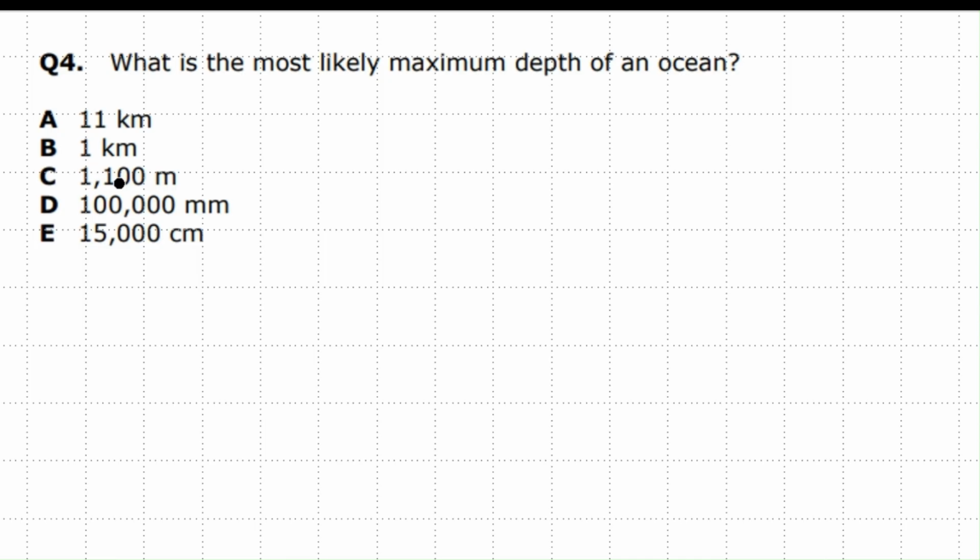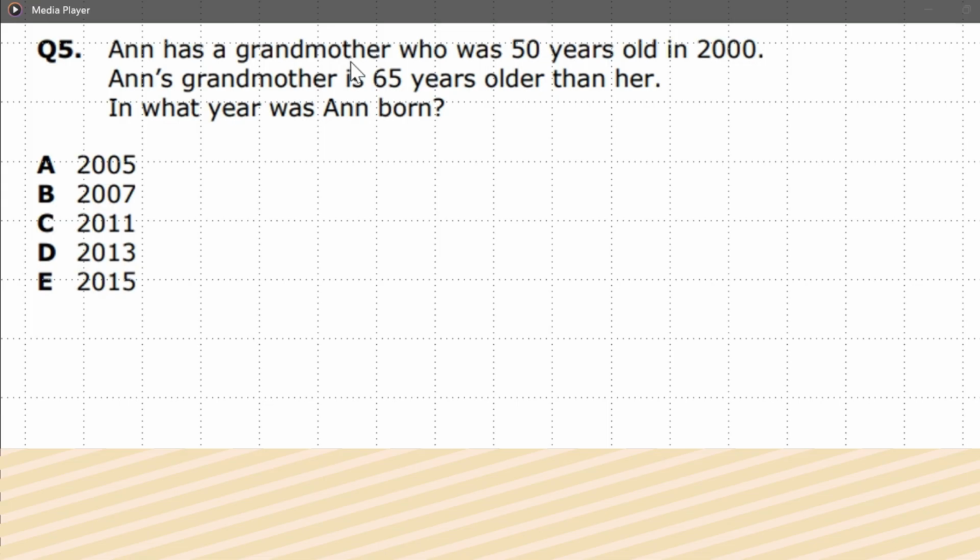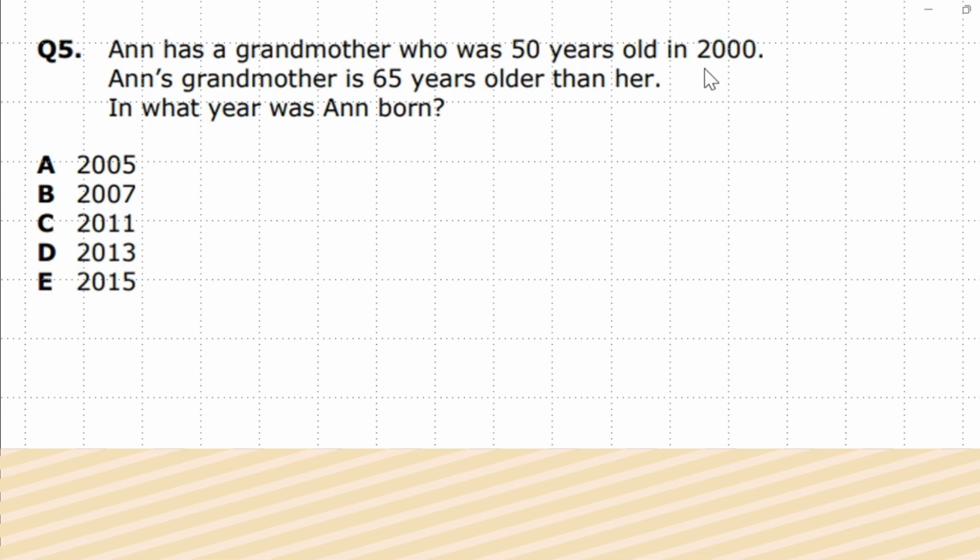So we think that 11 km would probably be the biggest, and it would be most likely for the depth of the ocean because we know the ocean is very deep. So A is the correct estimation.